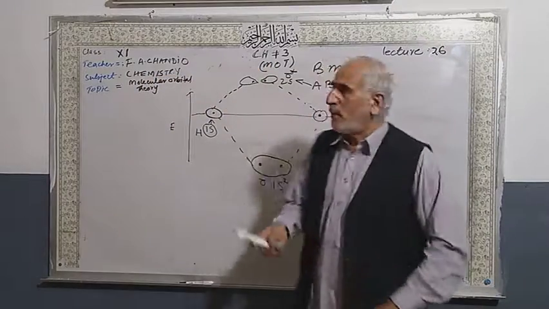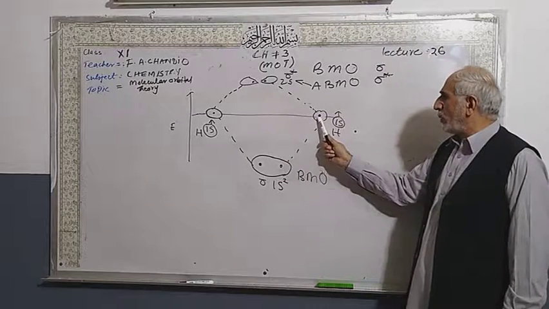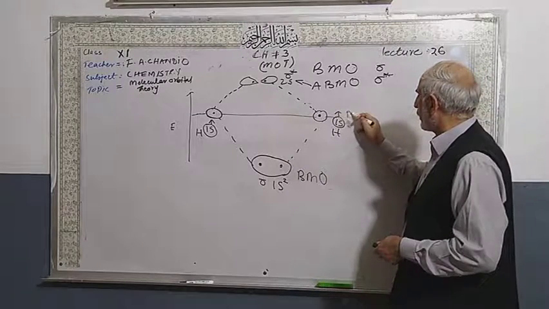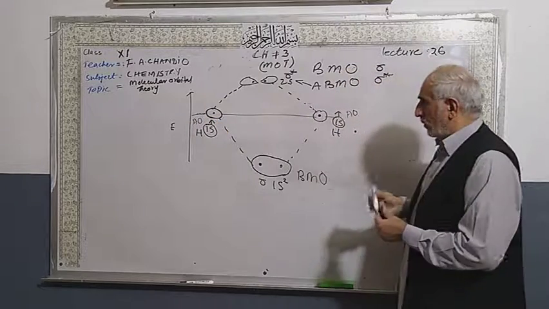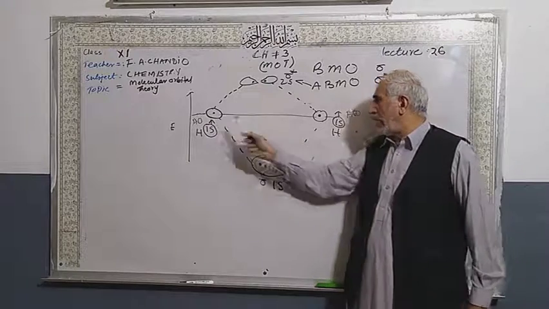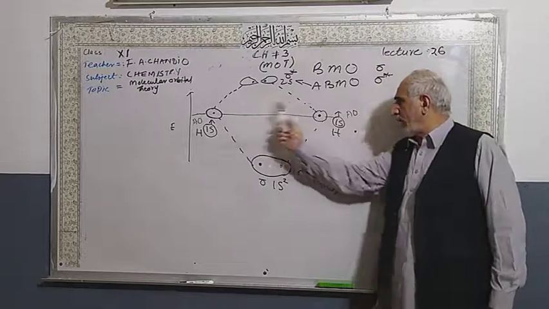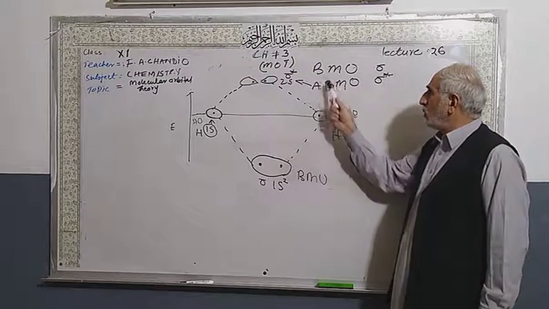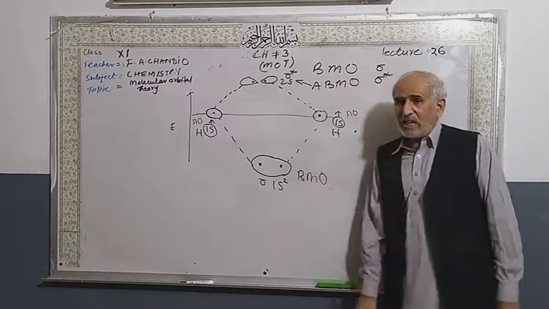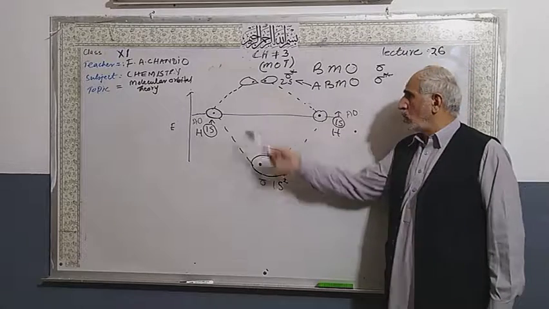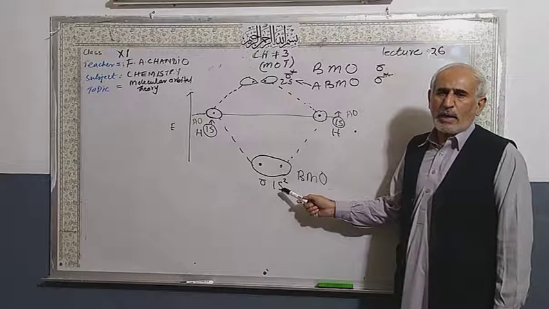In hydrogen, there is one electron, 1s1, and the other hydrogen atomic orbital. These are atomic orbitals: one atomic orbital, 1s1 hydrogen, the other atomic orbital, 1s1 hydrogen. After mixing, they form two molecular orbitals. First fill the bonding, then fill the anti-bonding. So one electron and one electron give 1s2, forming a hydrogen molecule.